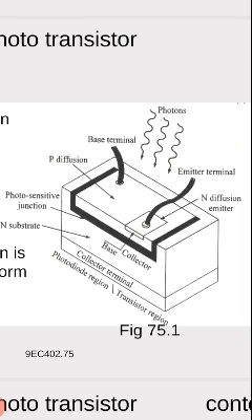Here, photodiode region, transistor region, collector terminal. Photons, shown in zigzag line, fall on the base terminal. P is diffused here.